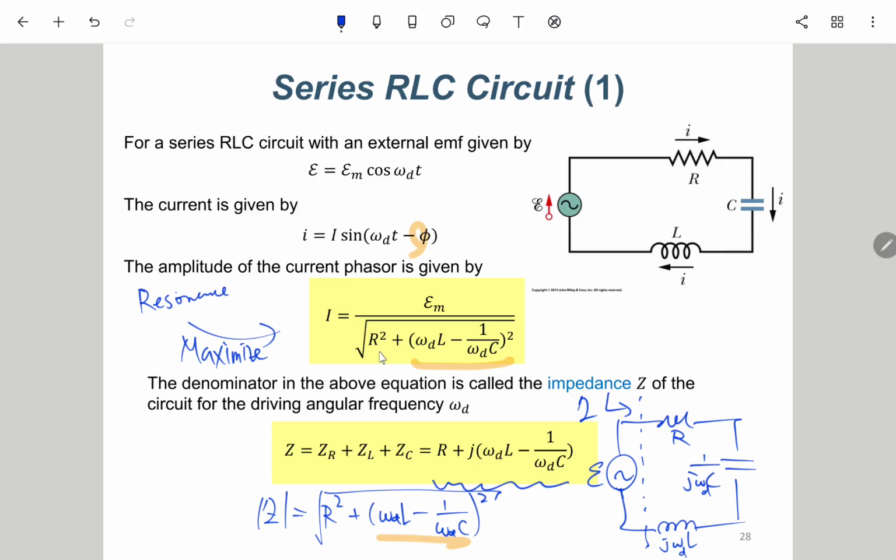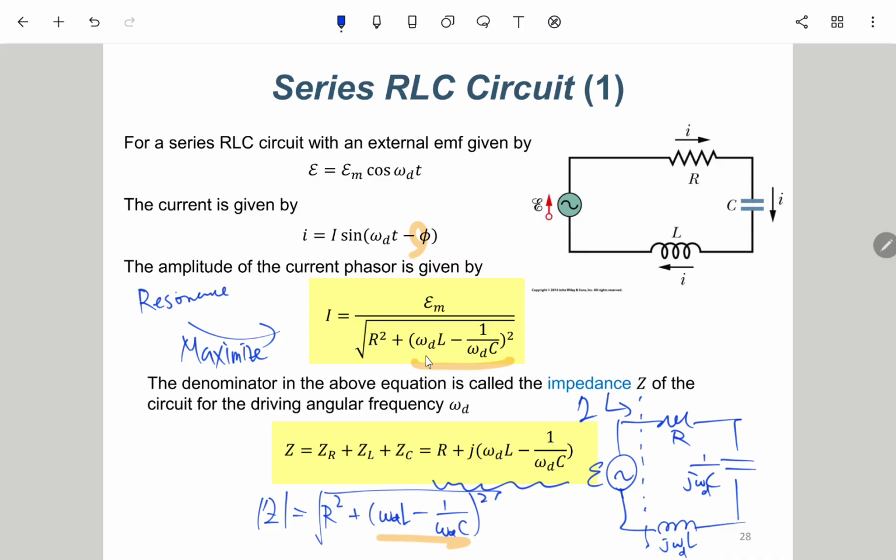So what we can really change is RLC, we assume they are all fixed values for a specific case. So we try to change the frequency so that we minimize this. If we cannot change RLC but want to maximize this whole thing, it means we try to minimize the denominator. And then this is a square, this is a square.